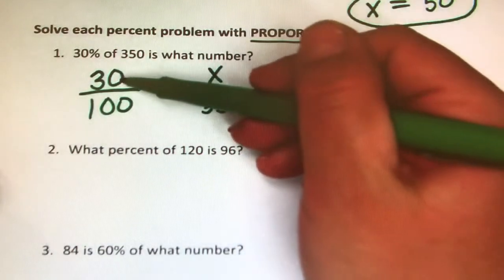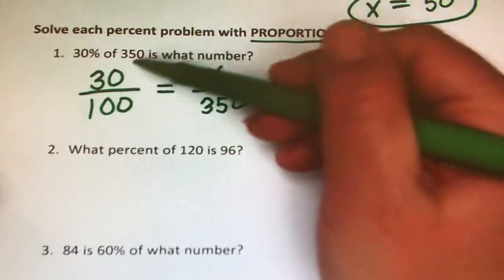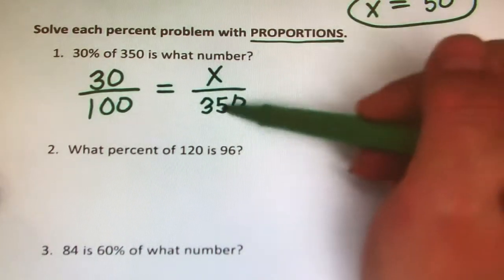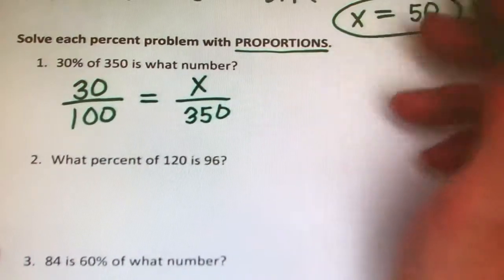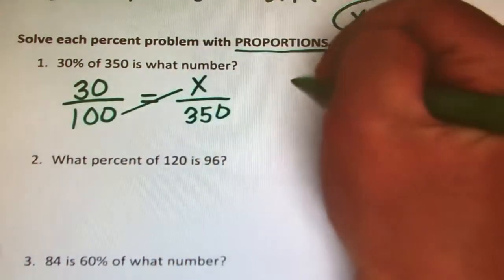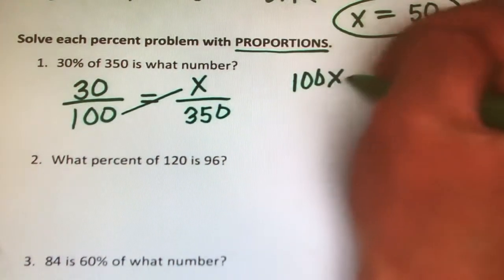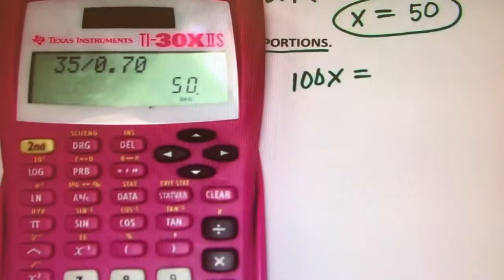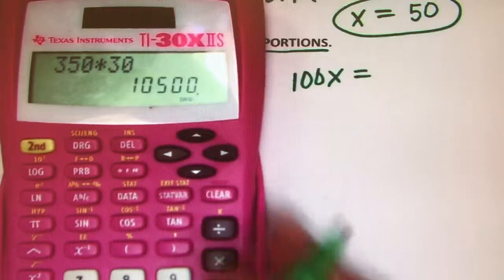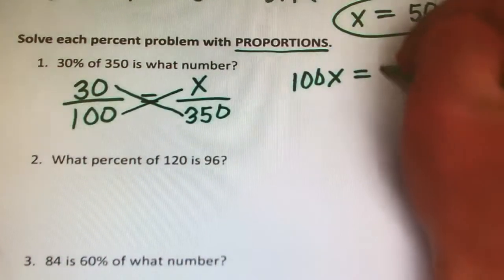So 30% became 30 over 100. 30% of this number is what? That's how I know to put the x on top. So remember, we're going to use cross products. So 100 times x is 100x equals, and then we're going to do 350 times 30, which is 10,500.